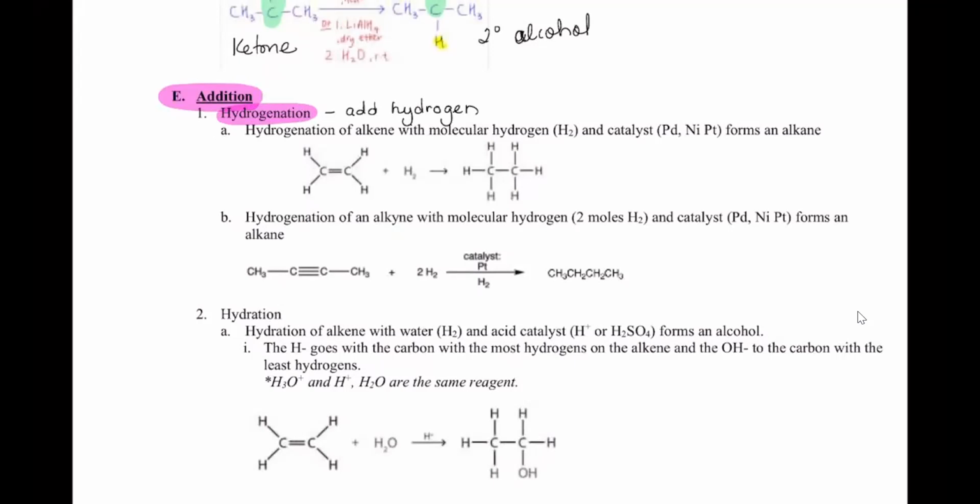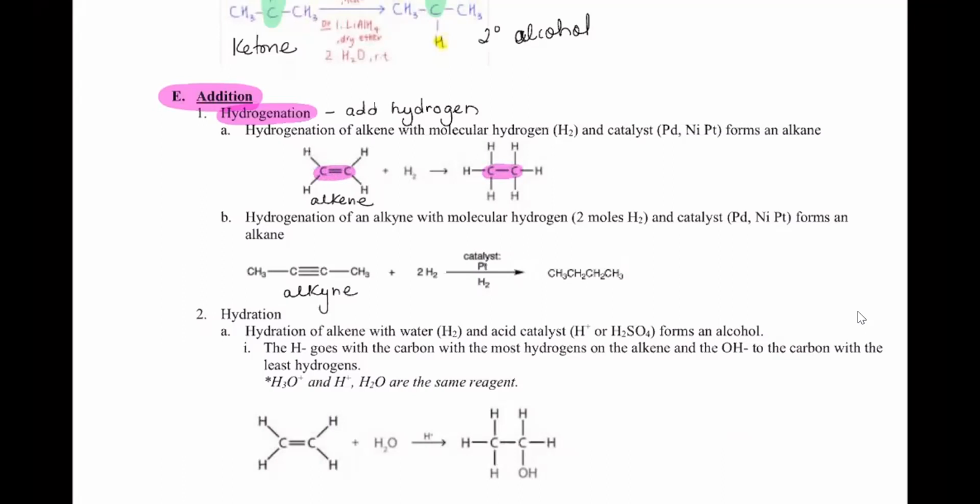Now, when it comes to hydrogenation, understand that we can hydrogenate an alkene or we can hydrogenate an alkyne. Any of those two. Now, what happens when I hydrogenate an alkene? Well, let's pay attention. The carbon that was double bonded will become single bonded.